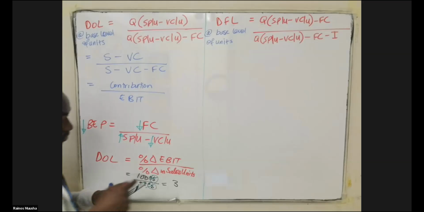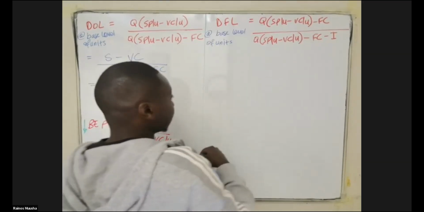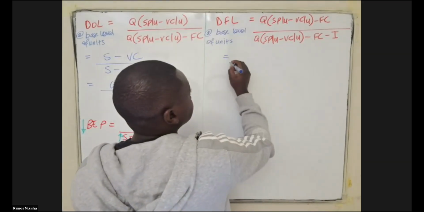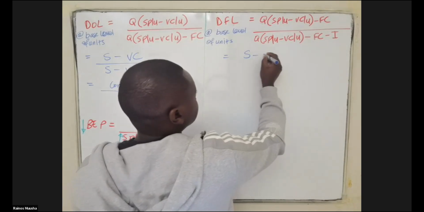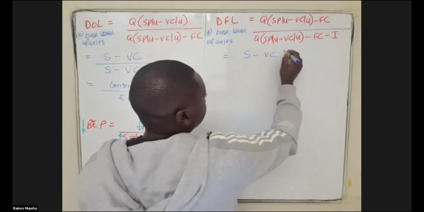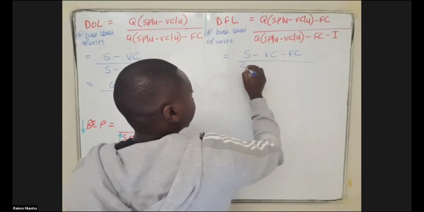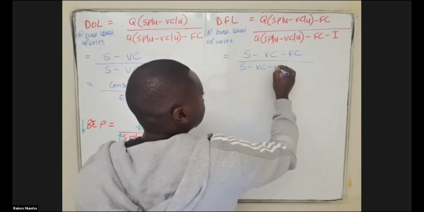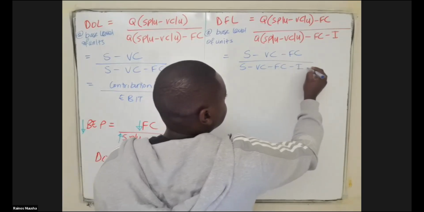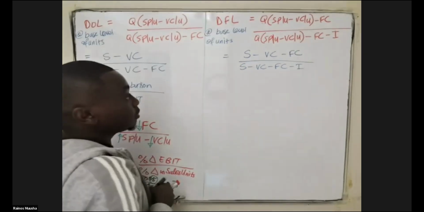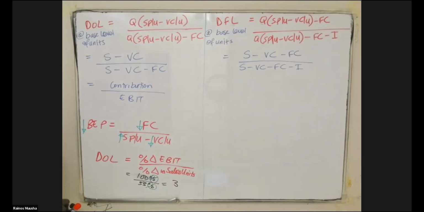So this can be further simplified into your sales minus variable cost minus fixed cost, divided by your sales minus variable cost minus fixed cost minus interest expense. So this will give us the degree of financial leverage.